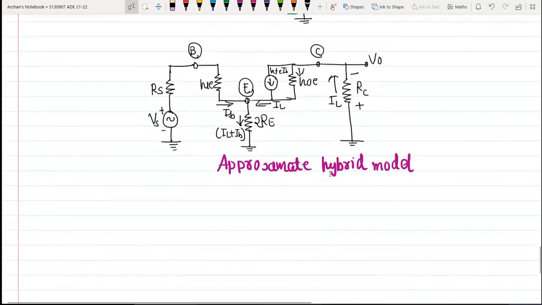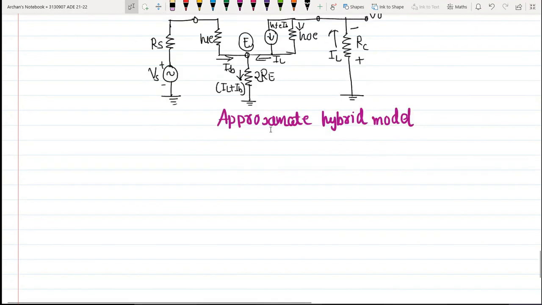Now as the current through Re is 2 times I, for simplicity of derivation the current can be assumed to be IE and the effective emitter resistance be 2Re. That is what I have shown over here. Hence now the emitter resistance is 2 times Re as shown in the figure. So you can say that the current through resistance RC is equal to load current IL.